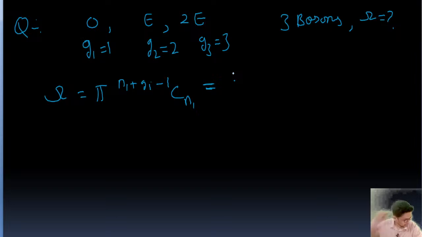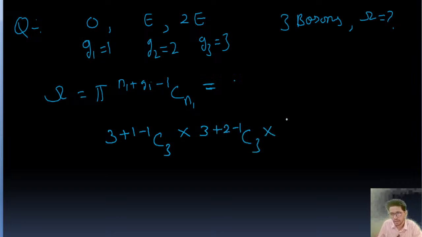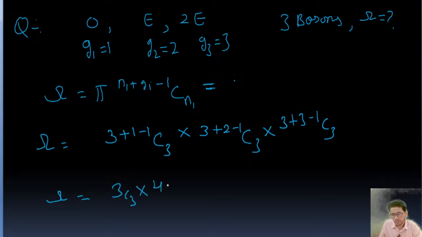So this is going to be 3 plus 1, this Gi, minus 1 C3, right? Into, for this, 3 plus Gi is 2 minus 1 C3, into 3 plus 3 minus 1 C3. Okay, this formula. So value of omega is going to be 3C3 into 4C3 into 5C3. Okay, so we'll solve it.